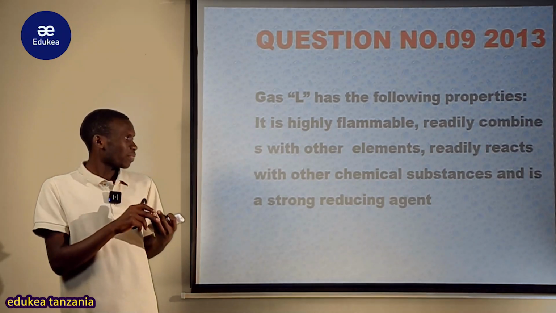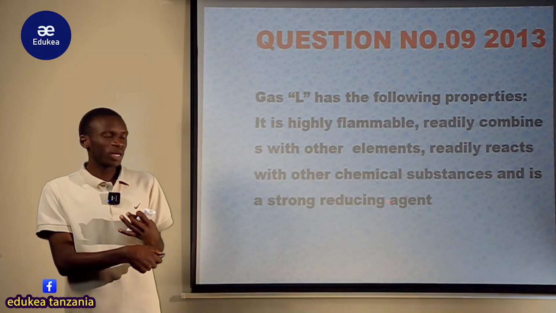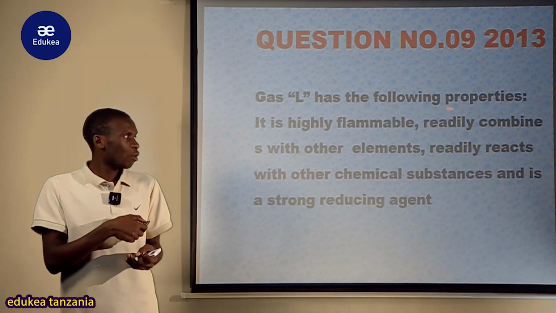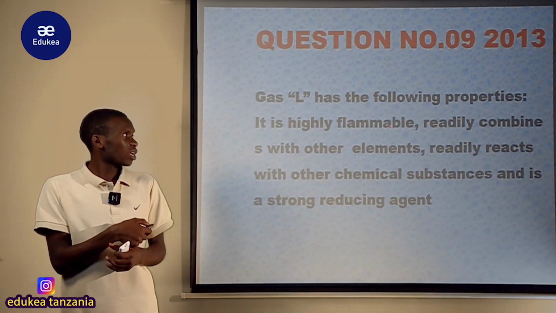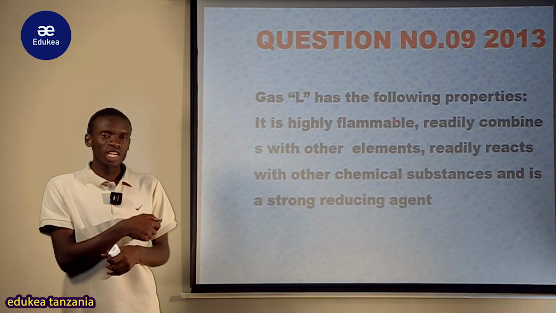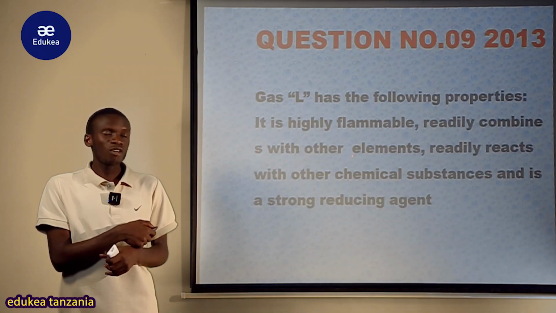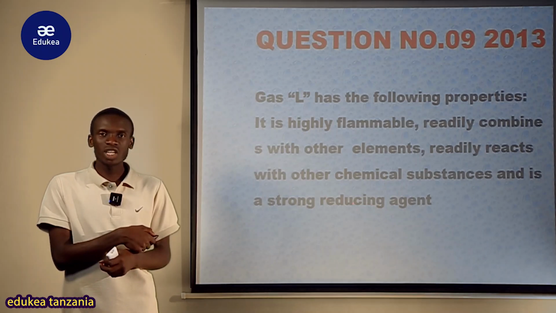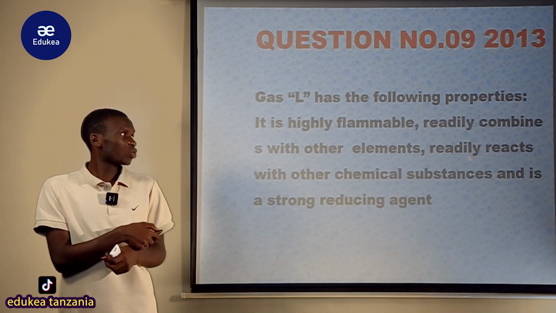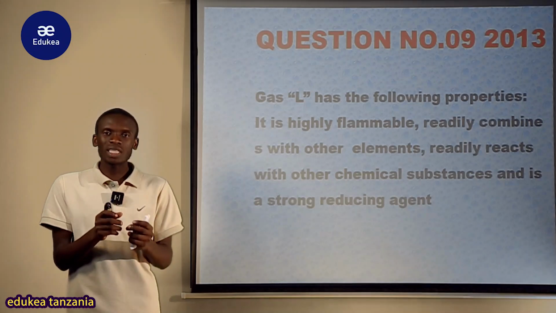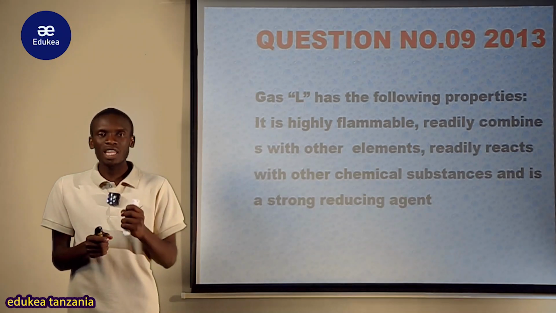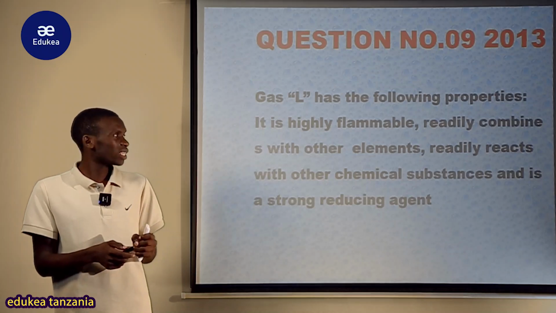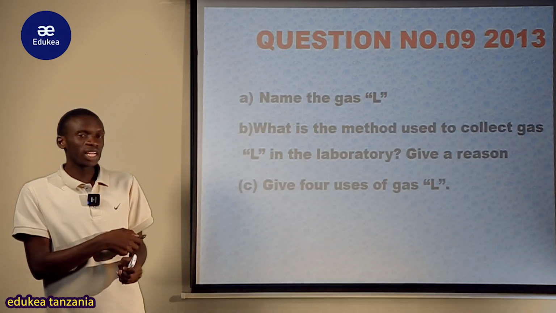Utagundua kwamba hizi ni chemical properties za hydrogen gas, kwa sababu oxygen is not flammable. Also it is not a reducing agent, oxygen ni oxidizing agent. So unagundua kwamba hizi ni properties za hydrogen gas.